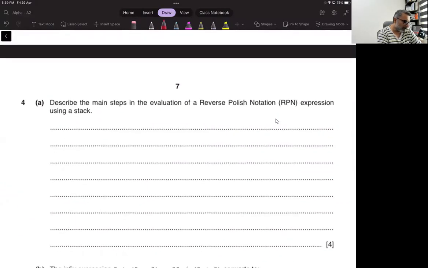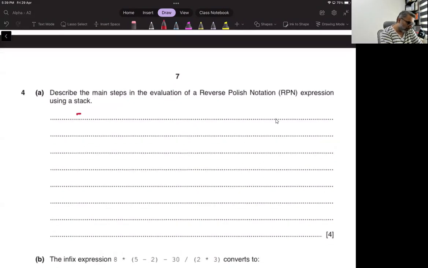Describe the main steps in evaluation of reverse polish notation using a stack. So we run through left to right.